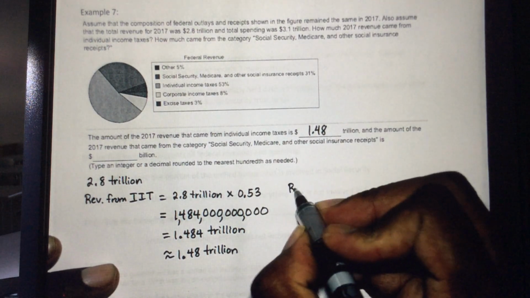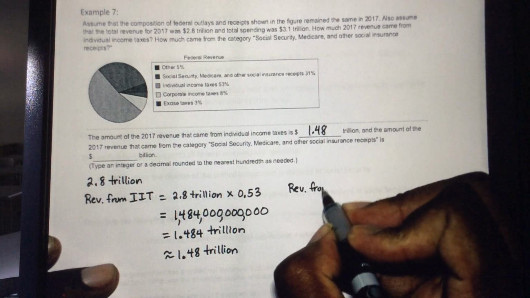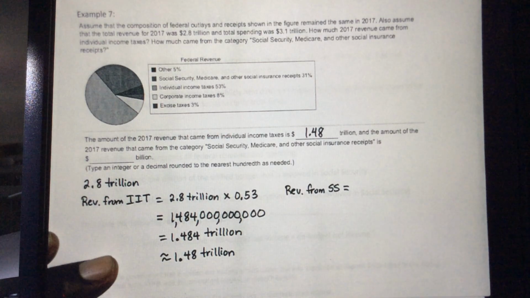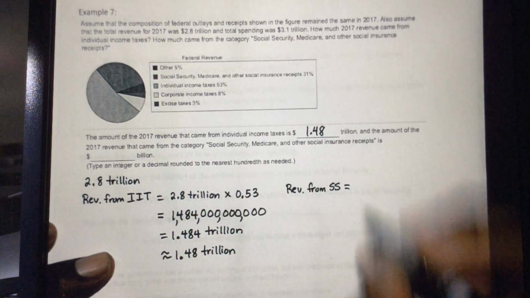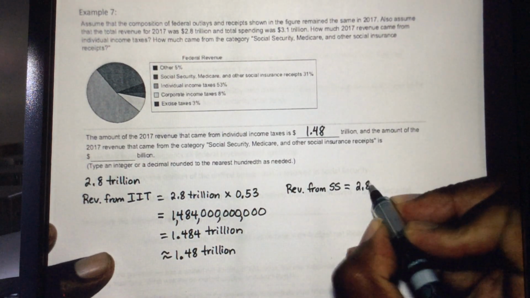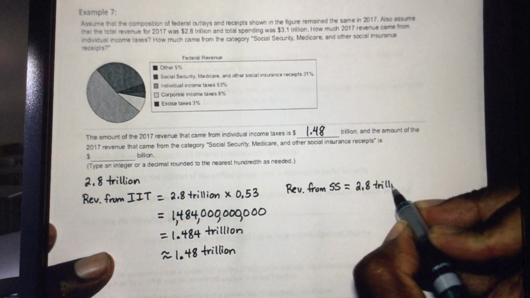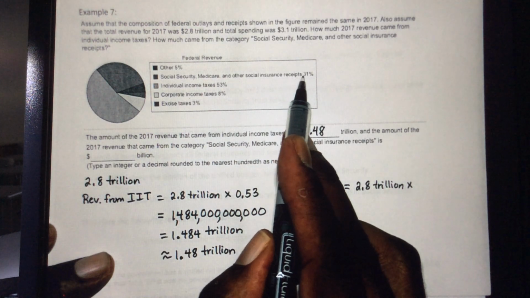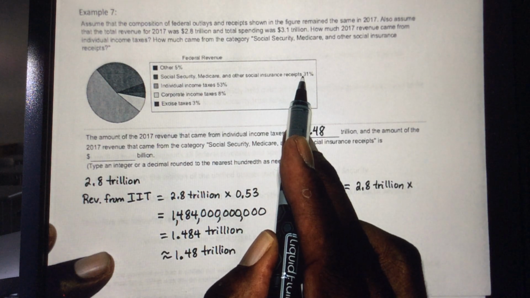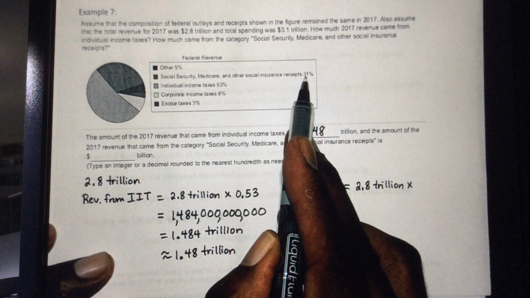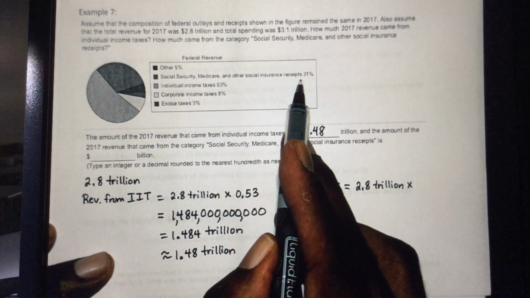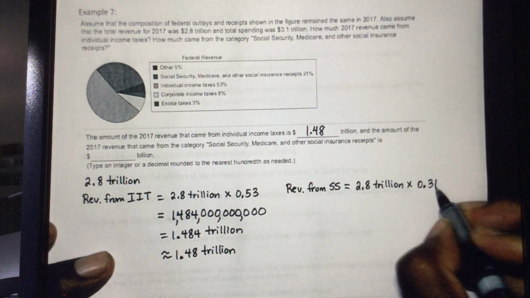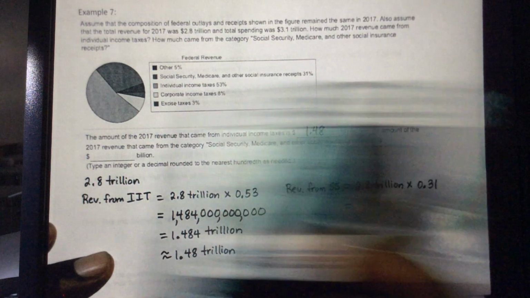So the revenue from, I'm going to say SS for Social Security, is equal to 2.8 trillion times 31%. 31% as a decimal will be 0.31, times 2.8.